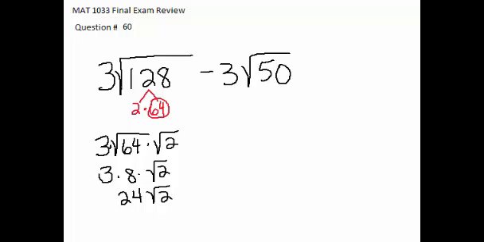Well, let's see if the same kind of thing happens to the second one. Okay, this is 3 times square root of 50, and if I divide by 2, I end up with 25 times 2. Well, there again, look, perfect square.